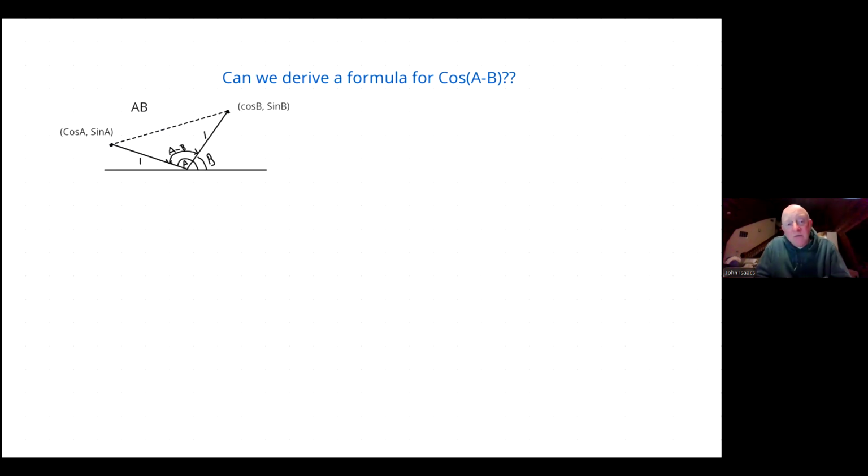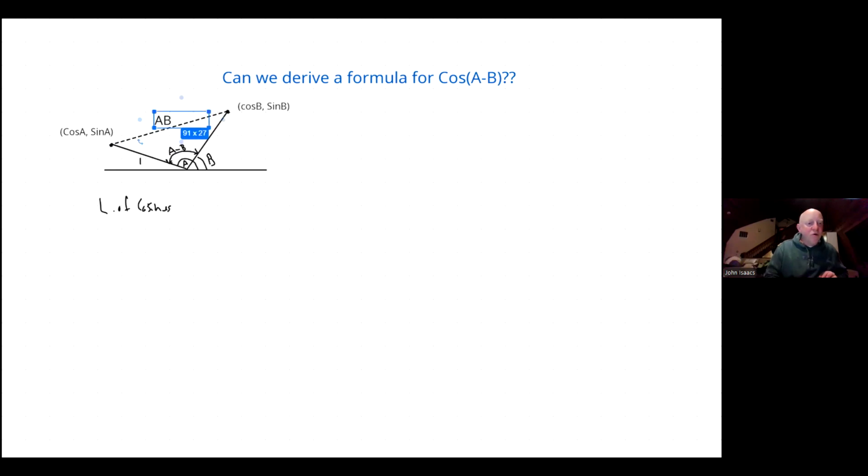Well, I can think of two ways to find the length of that line. One way would be law of cosines. In other words, we have a triangle. I'm looking at a triangle, and it's got side length 1, another side length 1. It has an angle in between of A minus B, and it has this side length over here called AB.